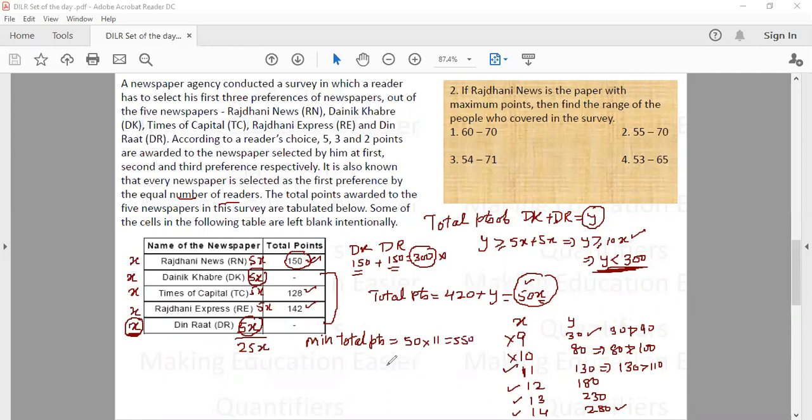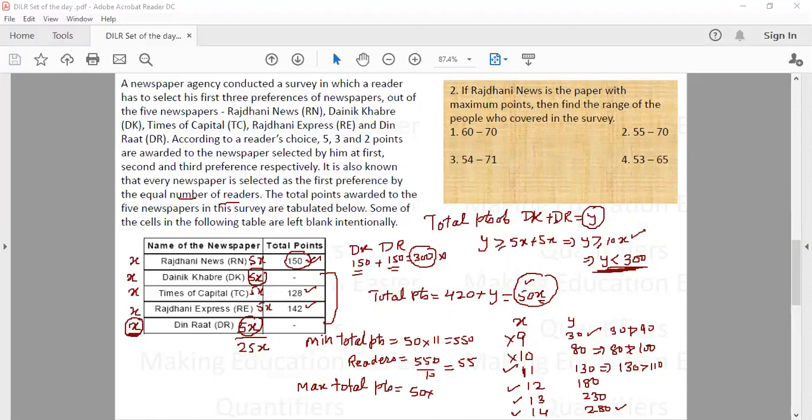So in this case, the readers will be 550 divided by 10, 55. And the maximum total points will be obtained when the value of x is maximum, that is 14.